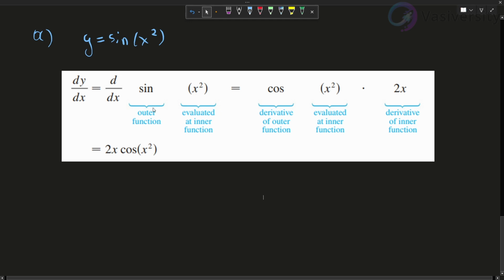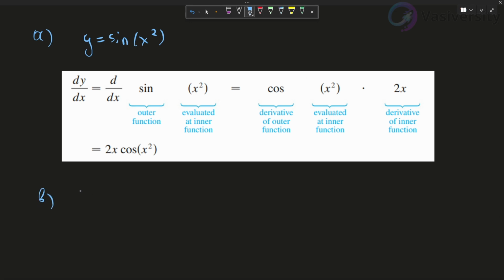Sine is the outer function; in the previous problem, the outer function was the square root. Now the outer function is sine, and the inner function is x squared. The derivative of sine is cosine, evaluated at the inner function x squared, times the derivative of the inner function, 2x. Combining it together, it's going to be 2x cosine of x squared.